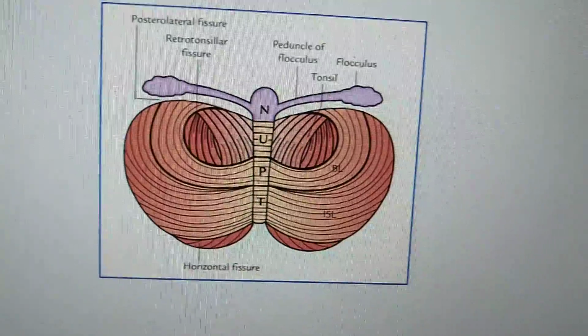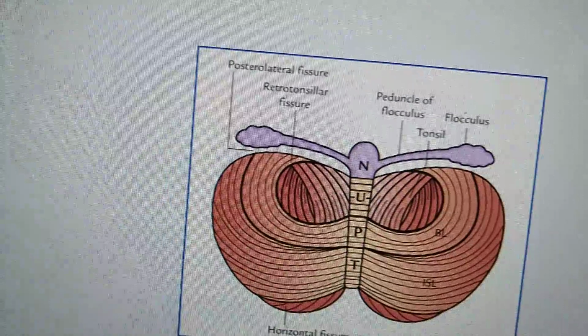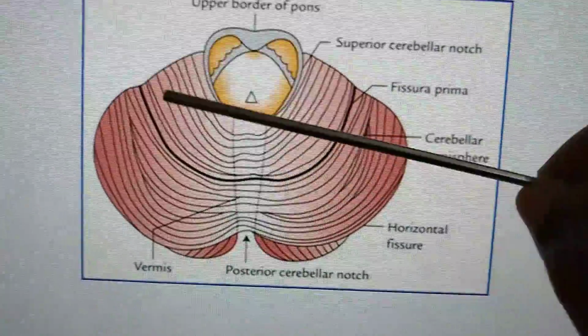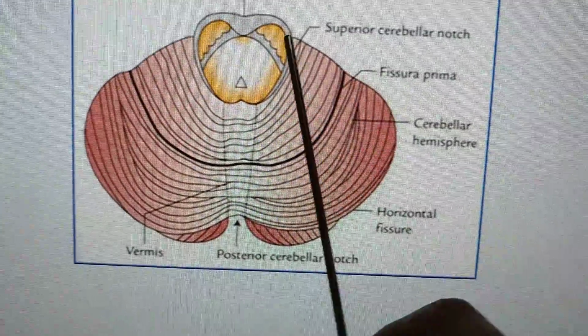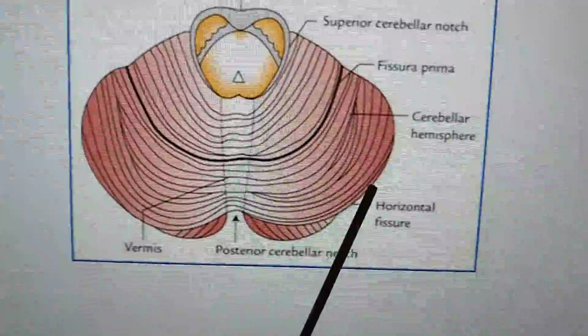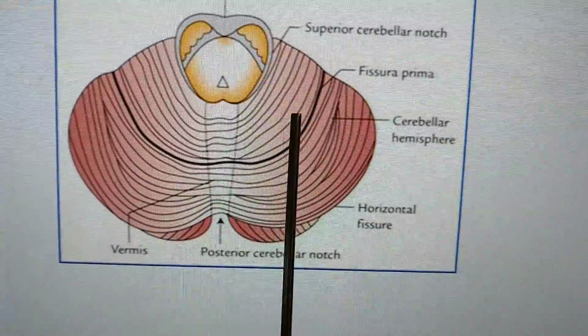So we have the lobes. When we take the lobes, we have the anterior lobe of either hemispheres. Then we have the posterior lobe or the middle lobe. So anteriorly these two are separated by the fissura prima.